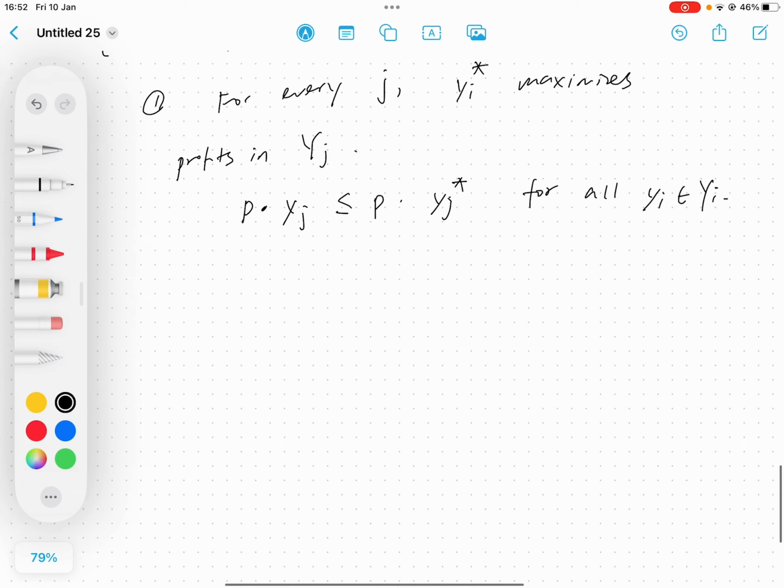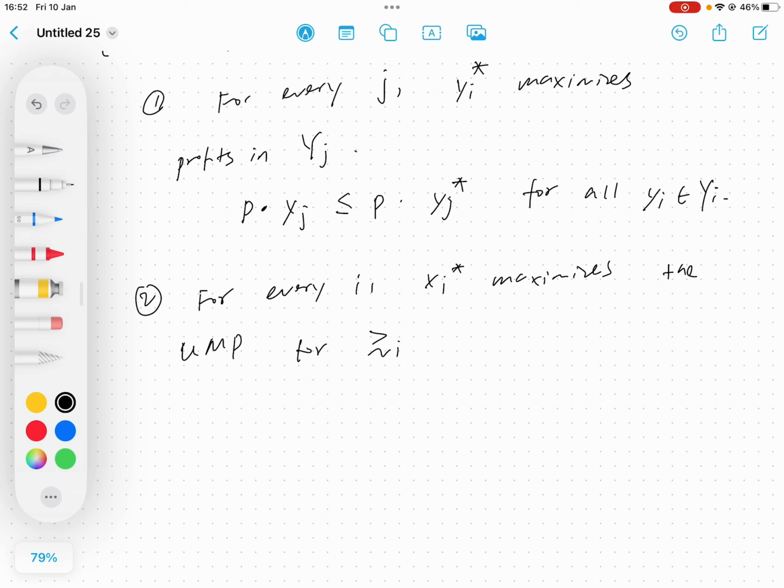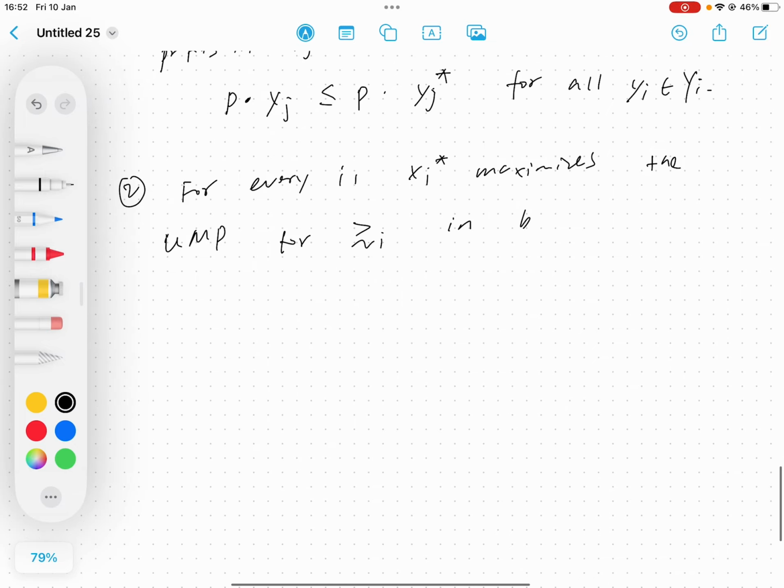Okay, and similarly for the consumers, for every i, x_i star maximizes the UMP problem for the preference relation in the budget set where x_i is such that p · x_i is less than or equal to p · omega_i plus the shares.